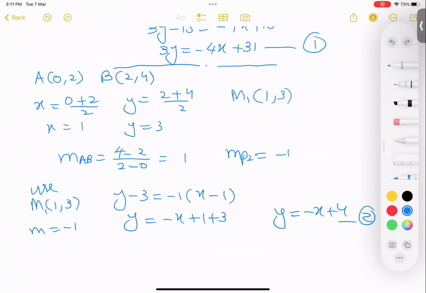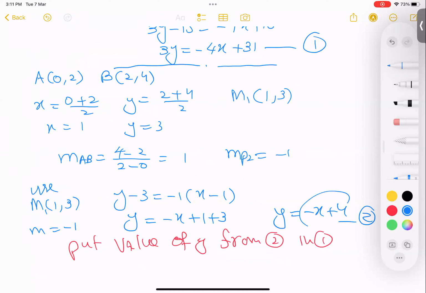There are two techniques, and I'm using substitution. This is a y value; I'm going to plug it in here. Put the value of y from equation 2 into equation 1. So 3 times (negative x plus 4) equals negative 4x plus 31.